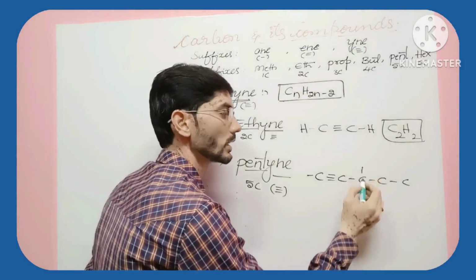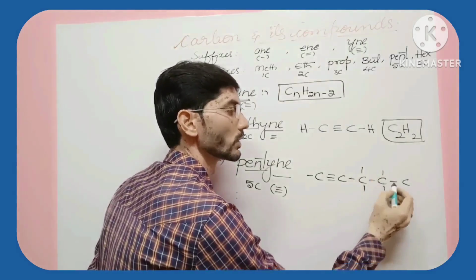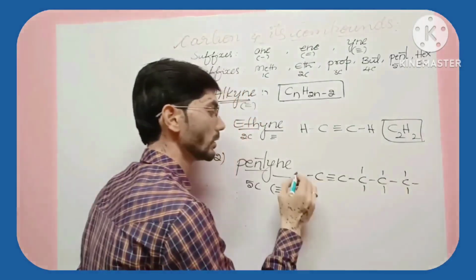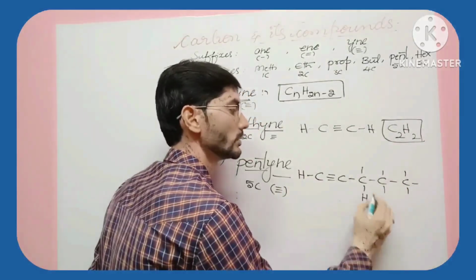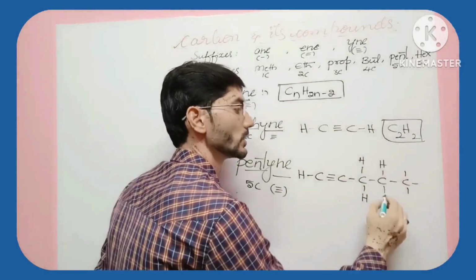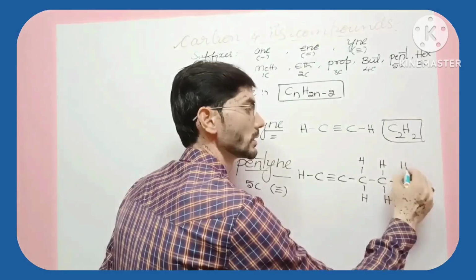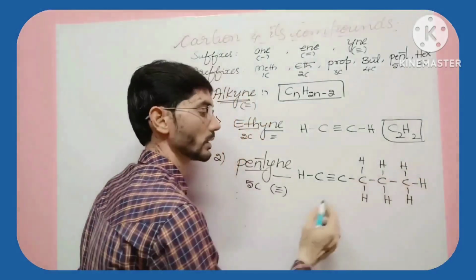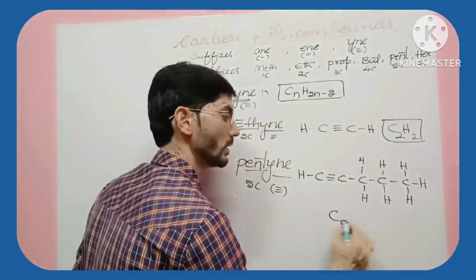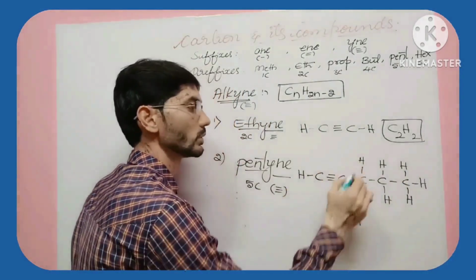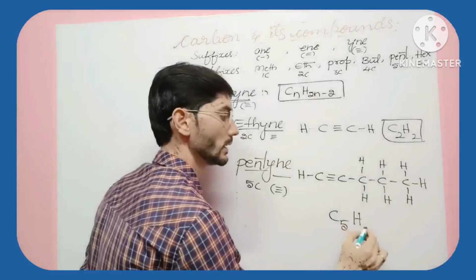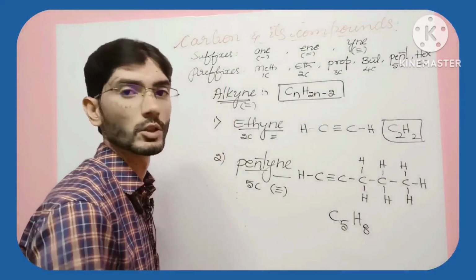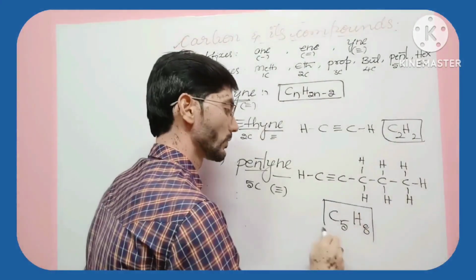In the remaining places you just write H. Now count the number of carbon atoms, C5, and H will be 1, 2, 3, 4, 5, 6, 7, 8. H8. So this is the molecular formula of pentyne.